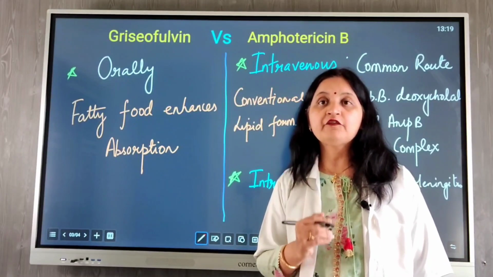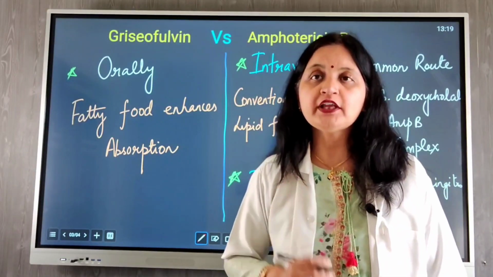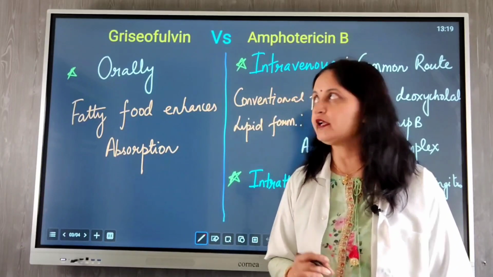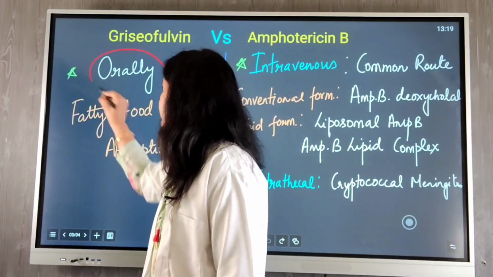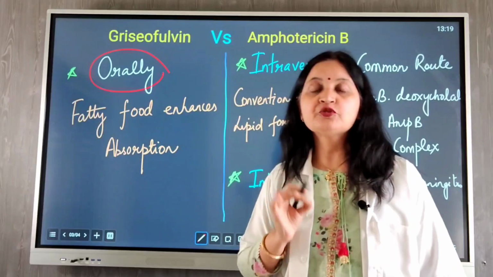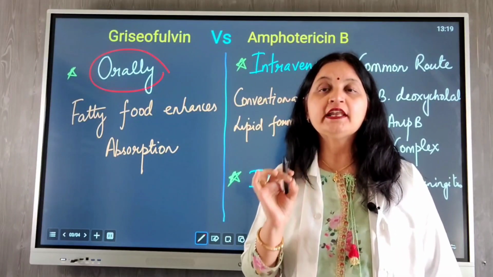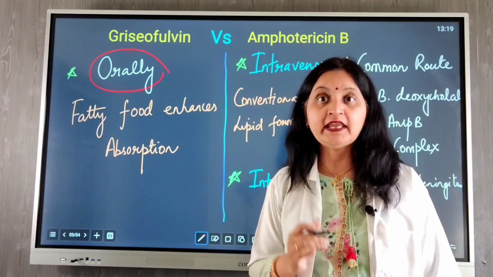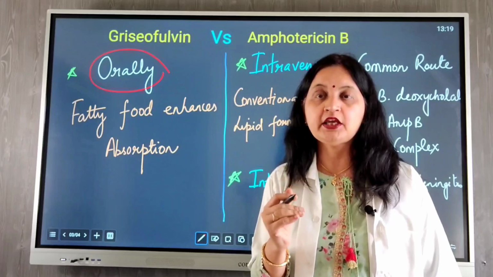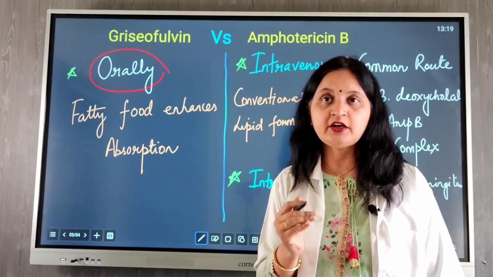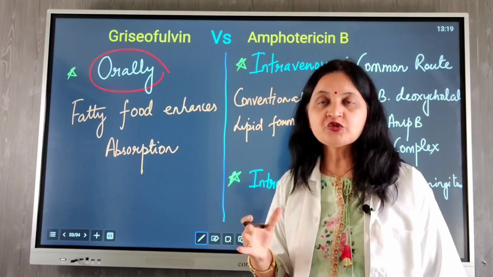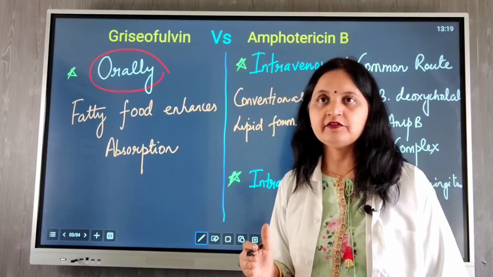The next is what are the different routes of administration and formulations of Griseofulvin and Amphotericin B. Griseofulvin is administered orally, and it is to be noted that fatty food enhances the absorption of Griseofulvin, increasing its bioavailability. So Griseofulvin, when administered with fatty food, the absorption increases, the bioavailability increases.